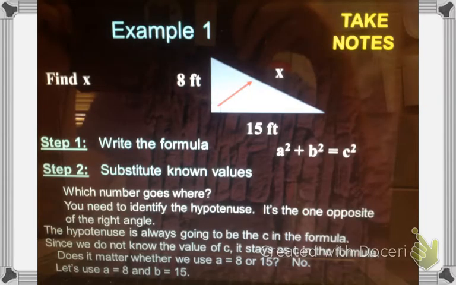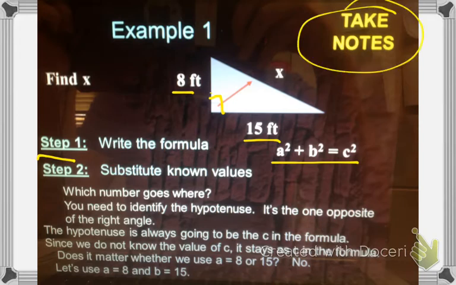Here is the first example. We've got a right triangle, and it's got the side length of 8 and 15. First I write my formula, because that's step one. Remember, we're taking notes over this. Make sure this example is in your notes.